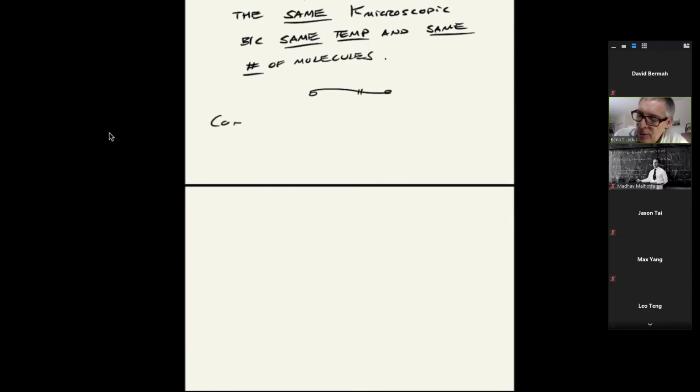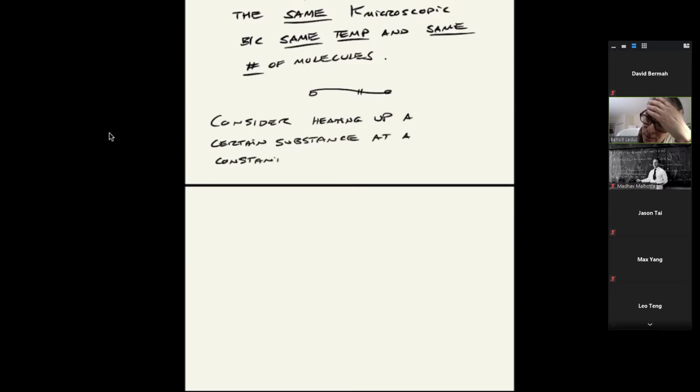Okay, consider heating up a certain substance at a constant rate of thermal energy absorption.